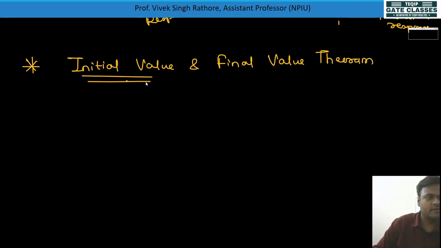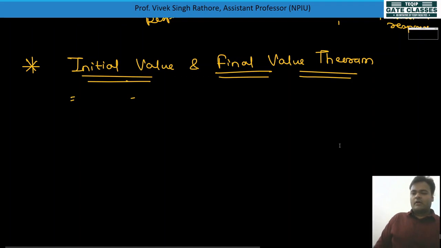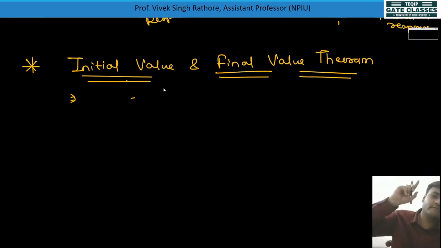First of all, I'll revise how it was done in the Laplace transform. Initial value and final value are nothing but, in the time domain, what is the initial value and what is the final value. This is the initial value and final value theorem.